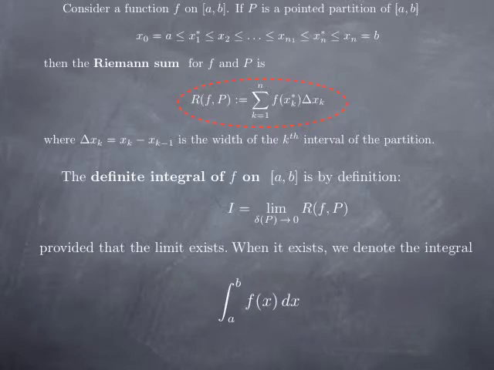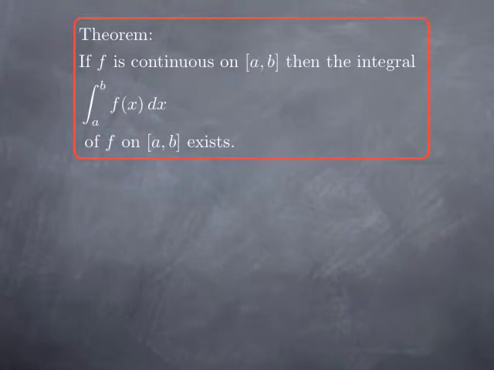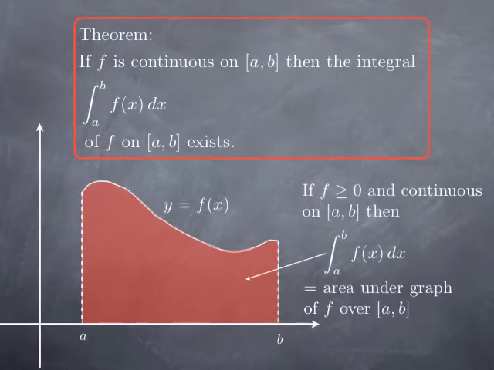And in the case where this limit exists, the notation we use for the integral is this integral from a to b of f of x dx, where this elongated s stands for integral. And what we have seen is that this integral exists as long as the function is continuous on the interval, and that in the case of a continuous positive function, this integral is in fact the area under the graph of the function over the interval.